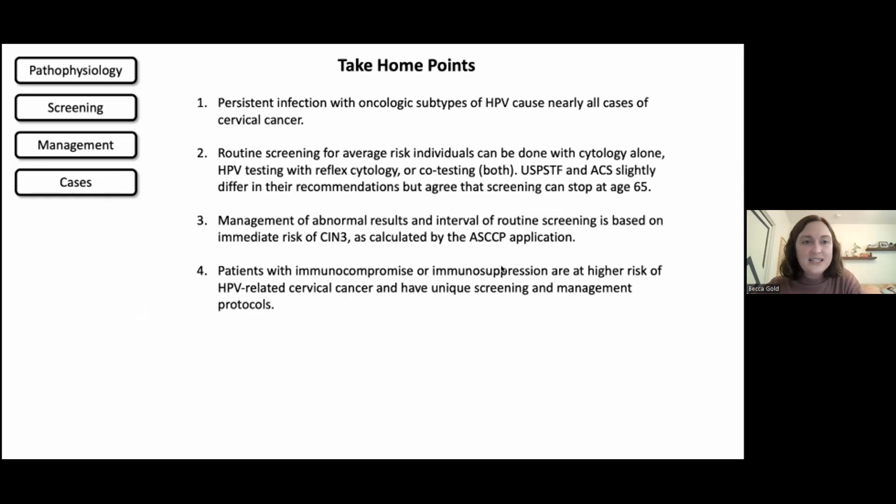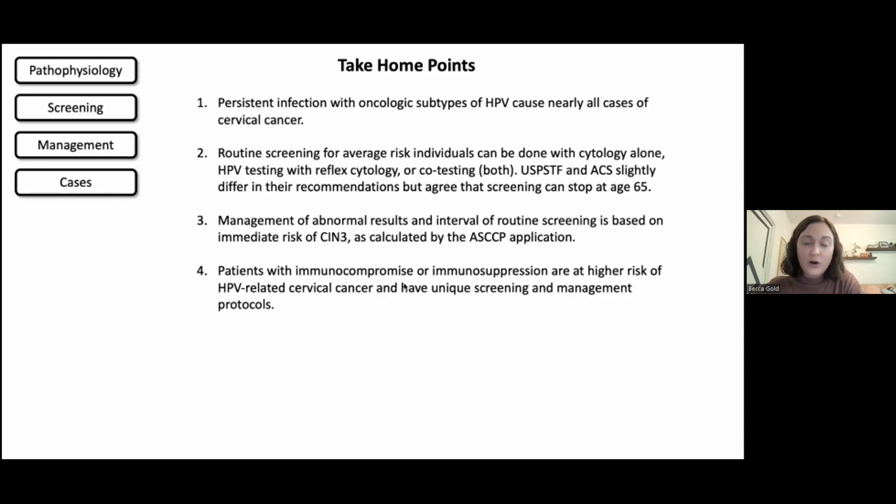Just some take-home points today. Just final reminders that we really do now have a better understanding that it's persistent infection with the oncogenic subtypes of HPV that cause almost all cases of cervical cancer. Routine screening of average risk folks can be done with cytology alone or HPV-based testing. And either of the guidelines we talked through are great for use, and they agree about stopping at the age of 65.